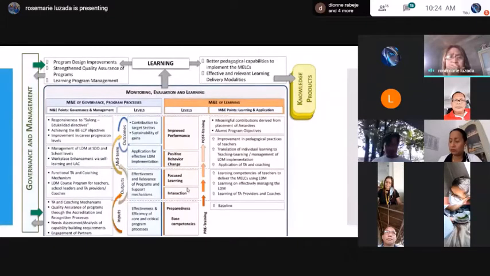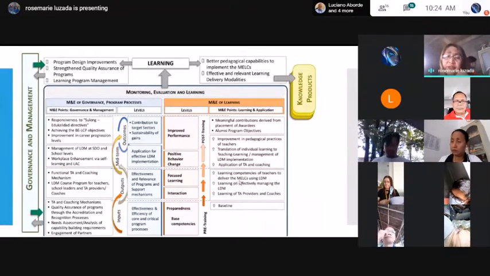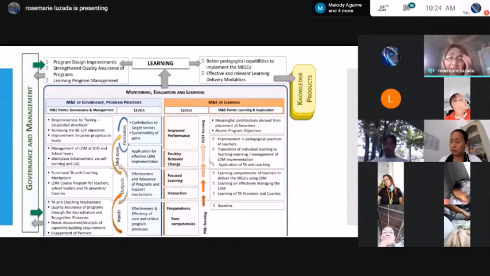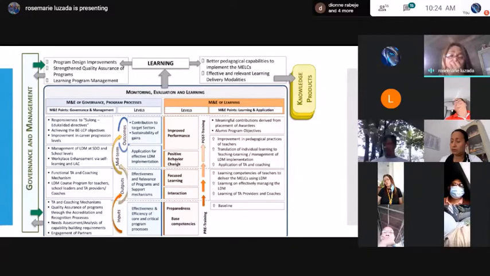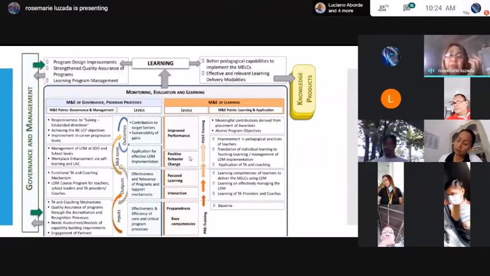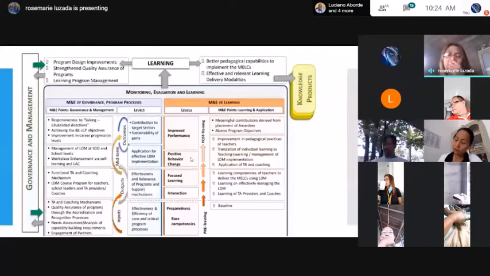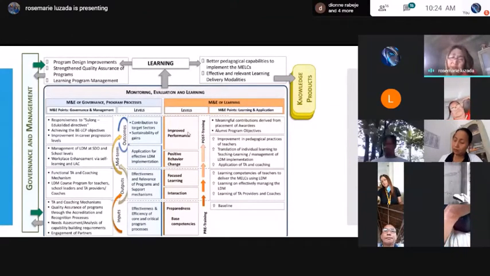Do we provide learning competencies to teachers to deliver the lessons using LDM? Then what is the effect of the strategies or of the activities we gave to the teachers? Is there a change in their behavior, positive behavior? And of course, our ultimate goal is to improve the performance of both the teachers and the students.